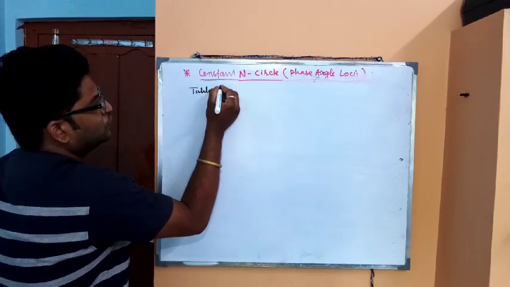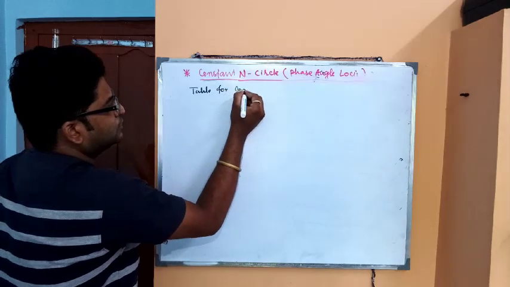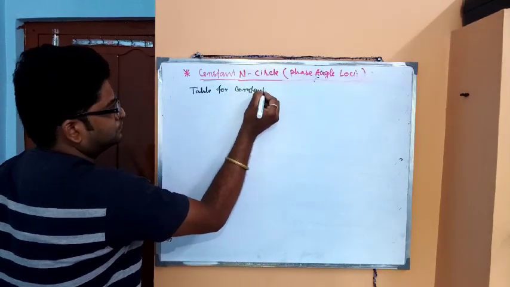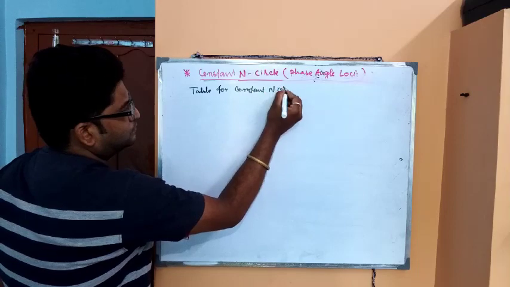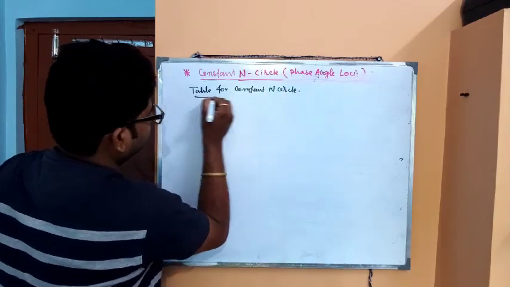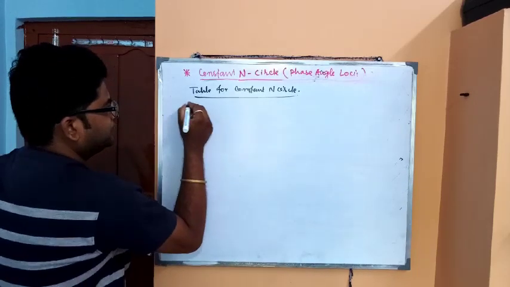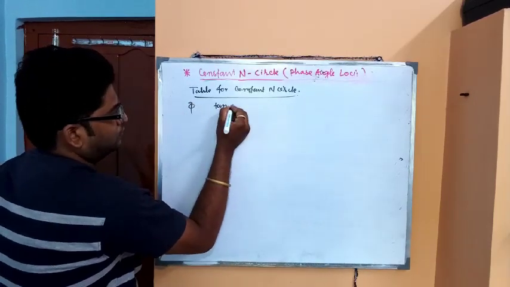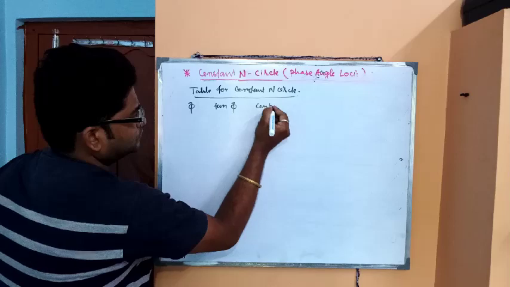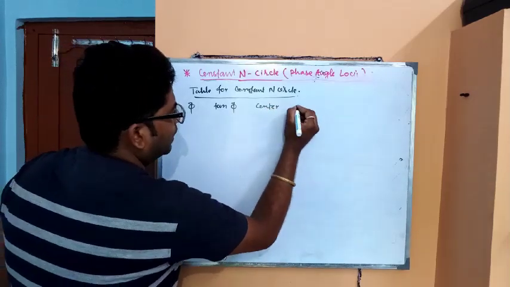First we need phi, then tan of phi, then center, we know the expression of center, and then radius.